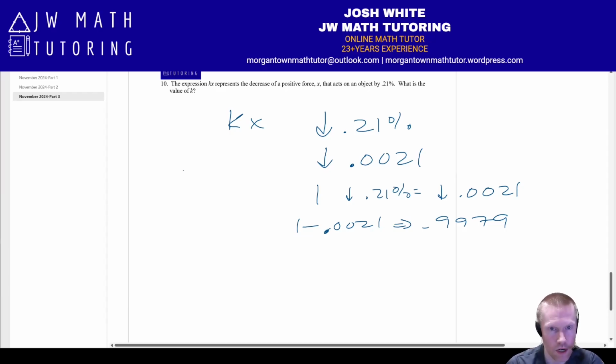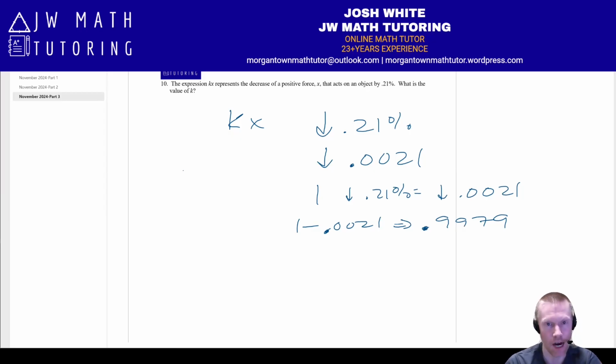So now, what is the value of k? What they're asking about here is really, what is the multiplier that you would multiply the force by in order to represent a 0.21% decrease. And so it's just this number.